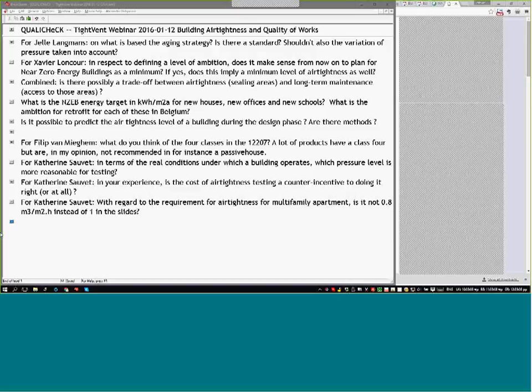In general, in Europe, 50 pascal is taken as the reference pressure, but the building operates at much lower pressures. The problem is that it's difficult to measure at those pressures. So there's no clear answer to this, but probably in compliance frameworks, testing at 50 pascals is more reasonable than at 4 pascals, or having an indicator at 4 pascals.